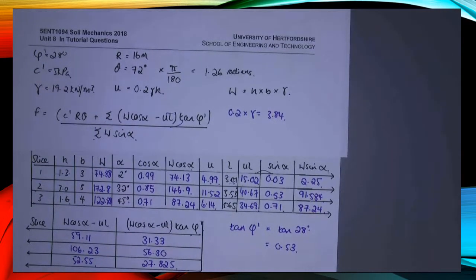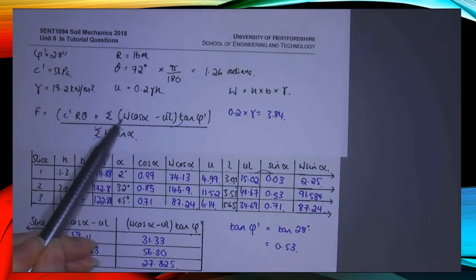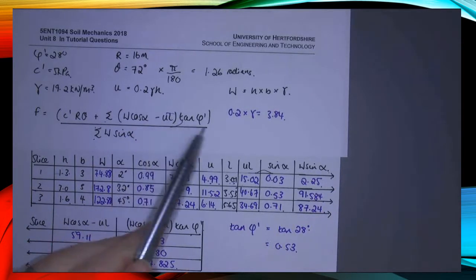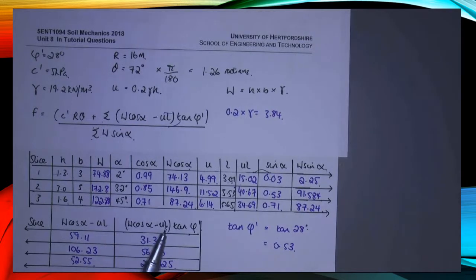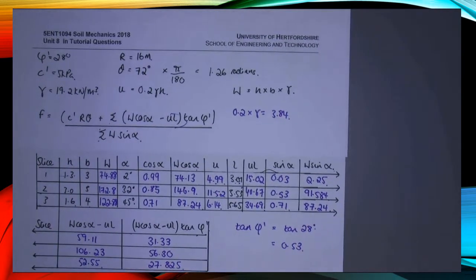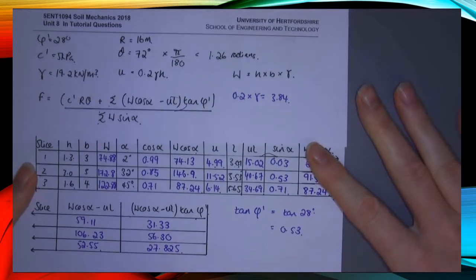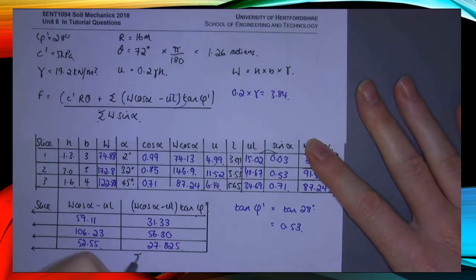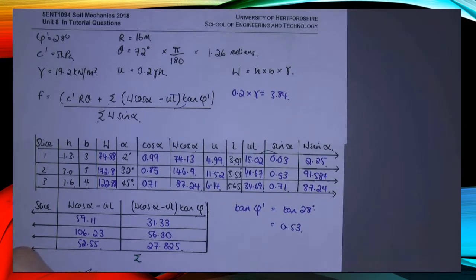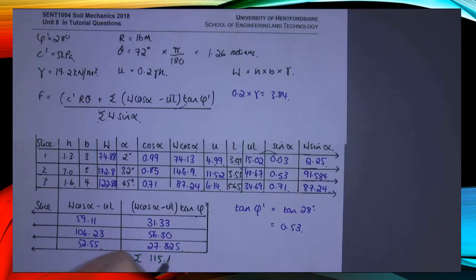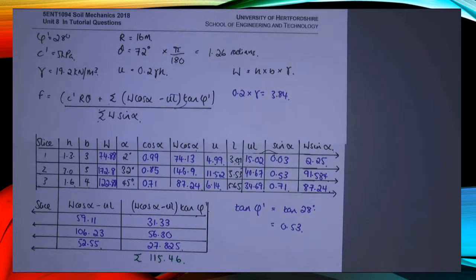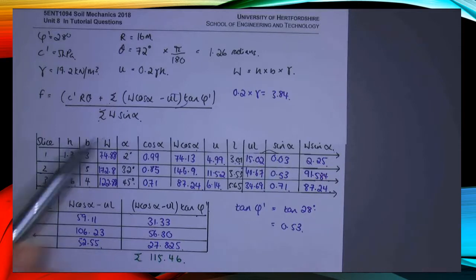So now we can work out the sum of W cos alpha minus UL times tan phi dash, because that is the sum of everything in this column. So 27.825 plus 56.30 plus 31.33 equals 115.46.